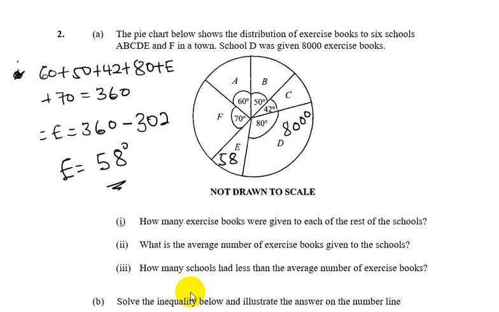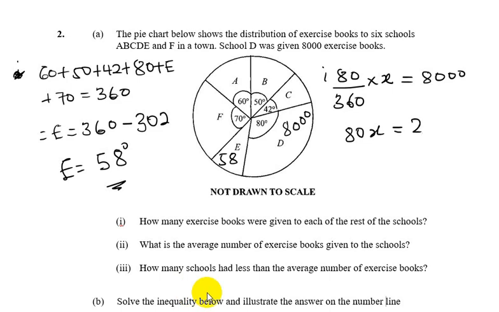So now that we are given the value but not the total books, what we will do is we know that this 80 gave us the 8,000. So our I will be 80 over 360 times some total number of books that we don't know gave us 8,000. So we are going to get 80x being equal to 8,000 times 360, which will give us 2,880,000 with 3 zeros.